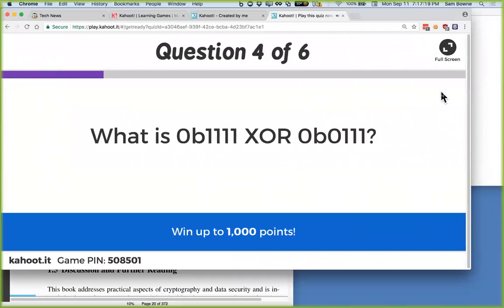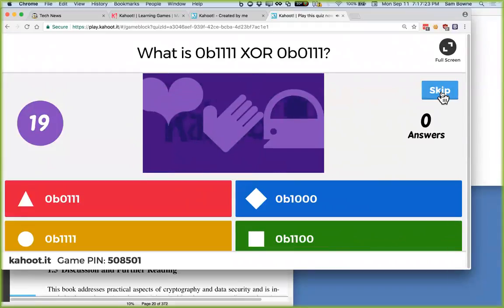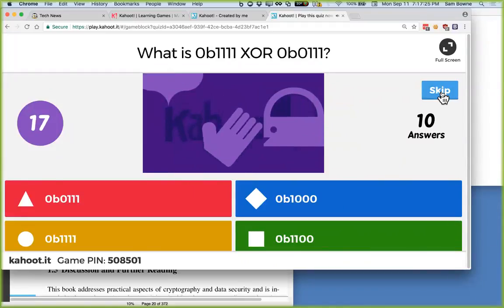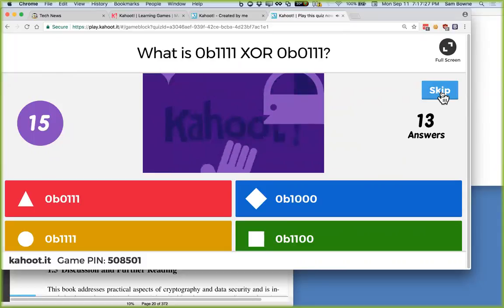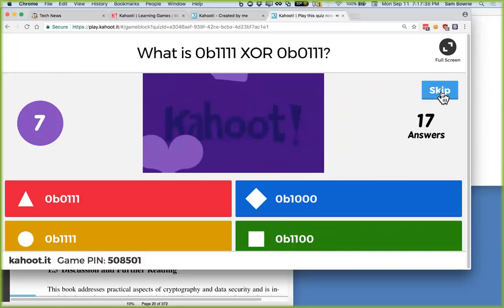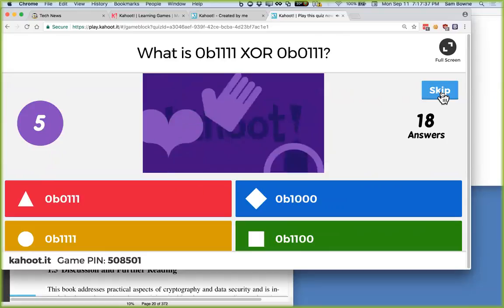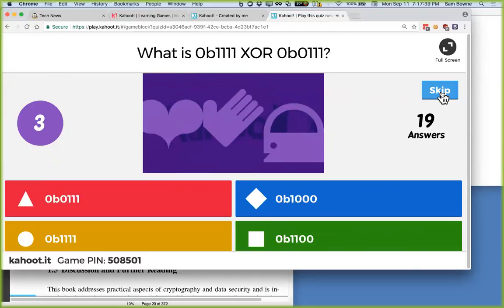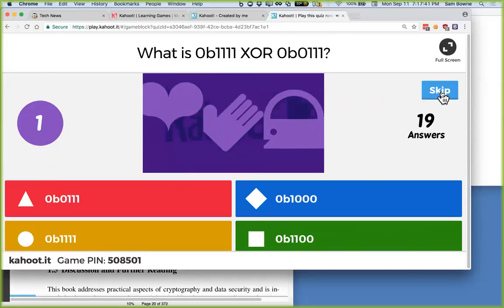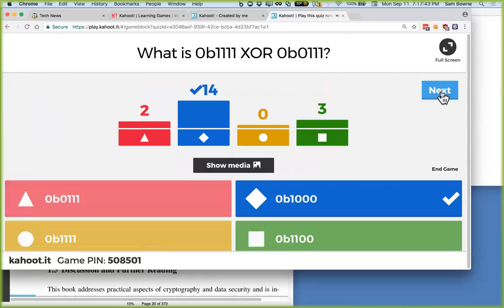All right, 1, 1, 1, 1 XOR 0, 1, 1, 1. All right, and that means 1, 0, 0, 0. But all the 3 1s on the right go away.